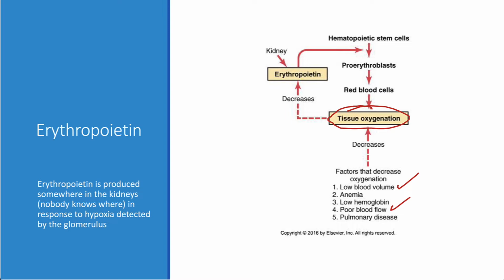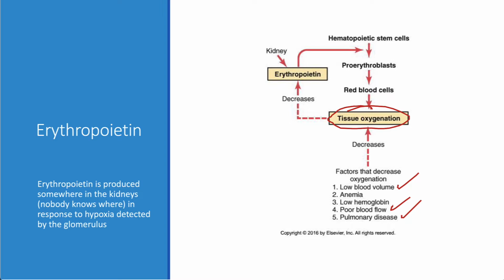At the tissue level, if there's not enough oxygen getting to the tissue bed, that is sensed and erythropoietin is released. The other thing is pulmonary disease, and this is why you end up with higher levels of red blood cell production in patients with advanced COPD, why their hemoglobins are much higher.